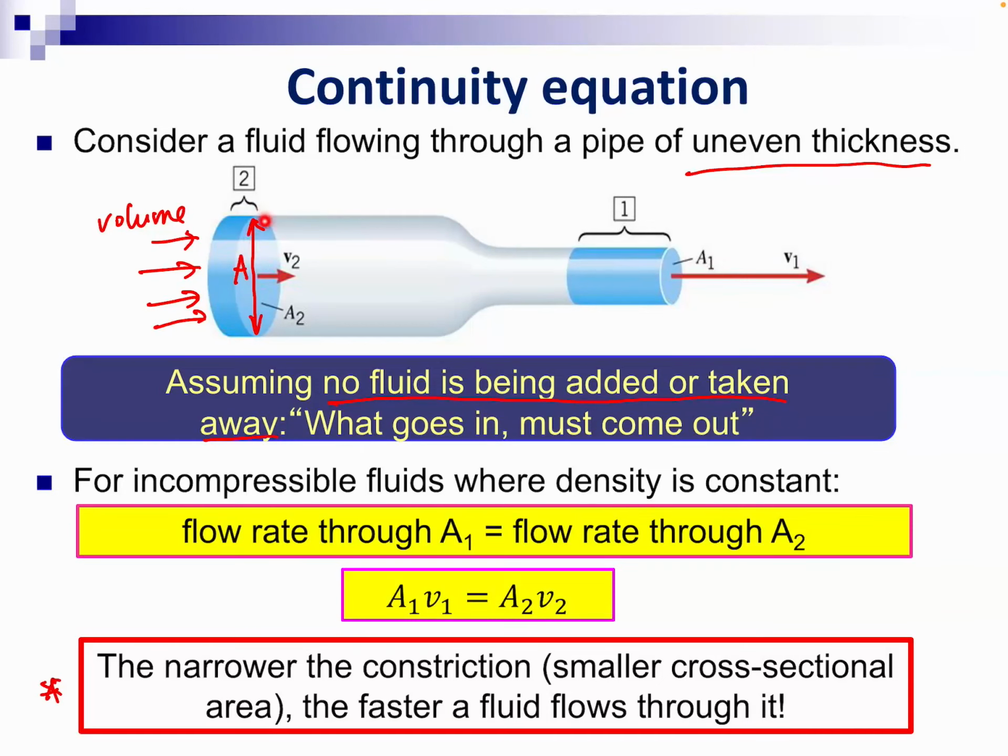Whereas water that passes through a larger gate can move slower because you have a bigger gate to accommodate the 1 liter of water. Does that make sense? Yeah, right. And so therefore, the smaller the cross section, the bigger the speed, or the faster the fluid flows through a smaller cross section.